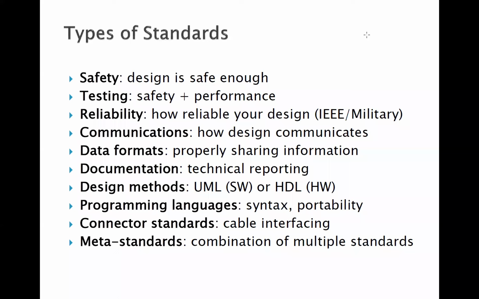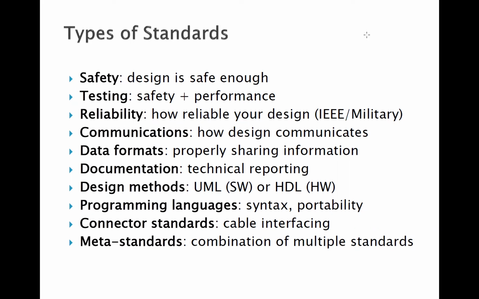Here you can see some types of standards: safety, testing, reliability, communications, data formats, documentation, design methods, programming language, connector standards, and meta standards. You can go through those types of standards from the textbook or from any reference book.